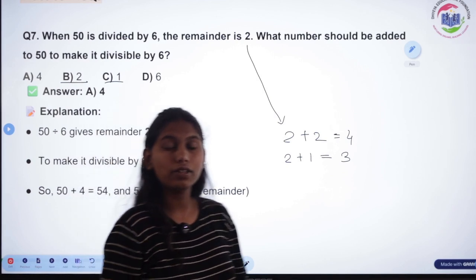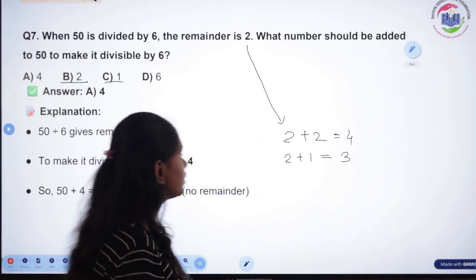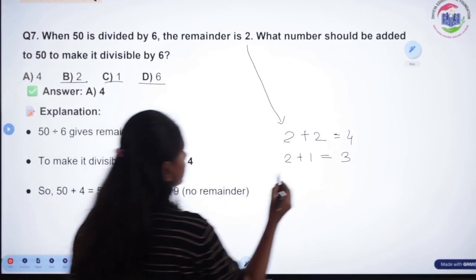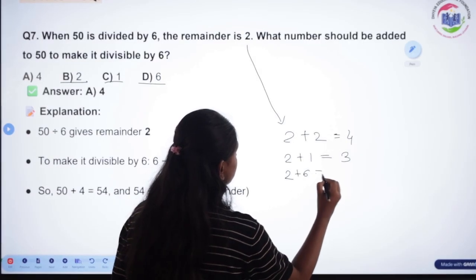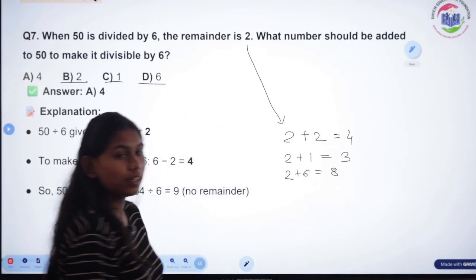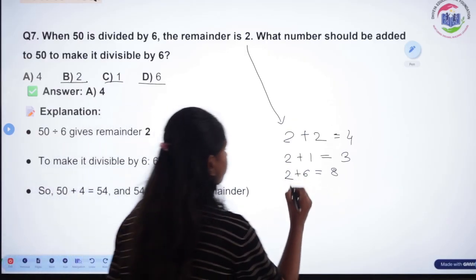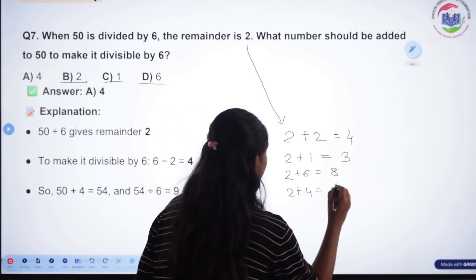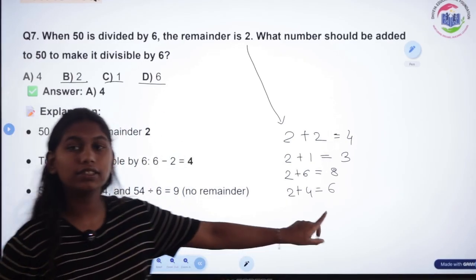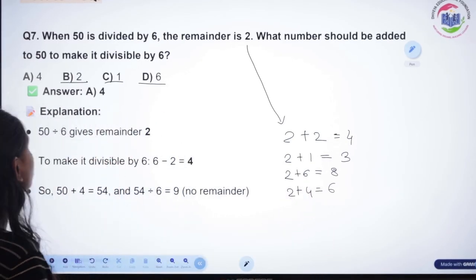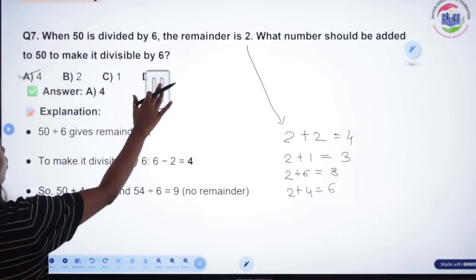So 3 is also not divisible by 6. In the same way, 2 plus 6 will be 8. So 8 is also not divisible by 6. And when you take 4, you will get 6. Now 6 is divisible by 6. Okay, so therefore option A, 4, is your answer.